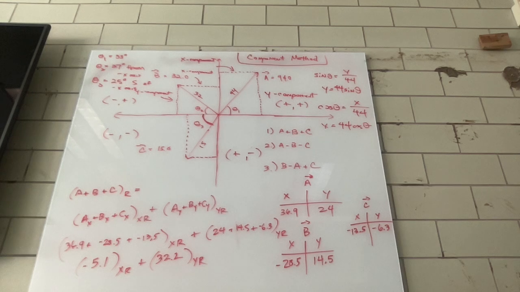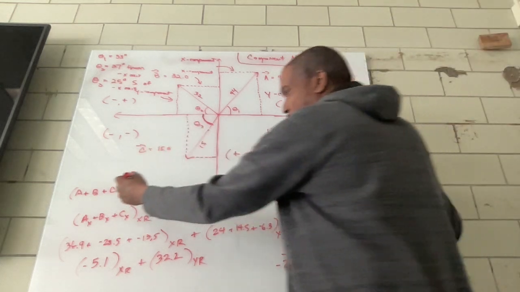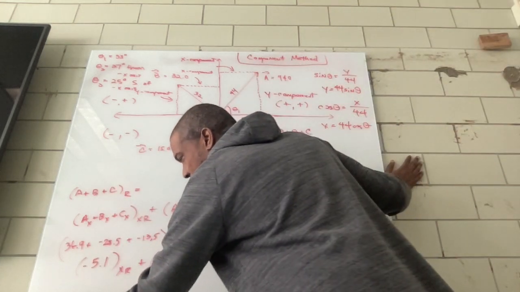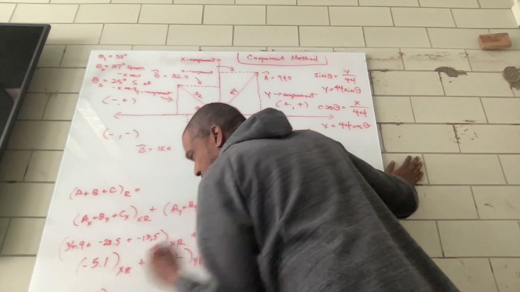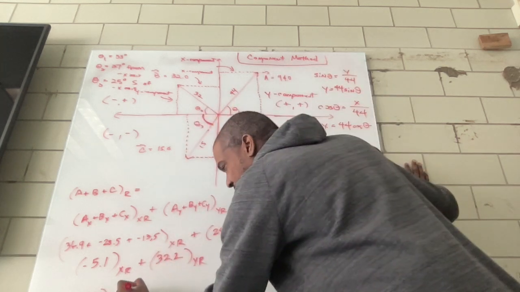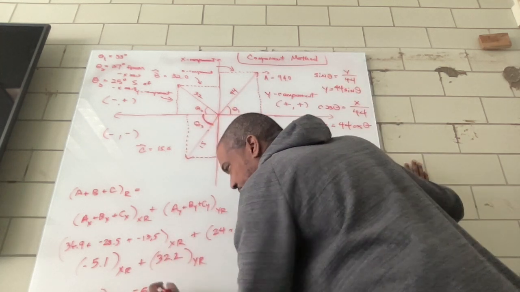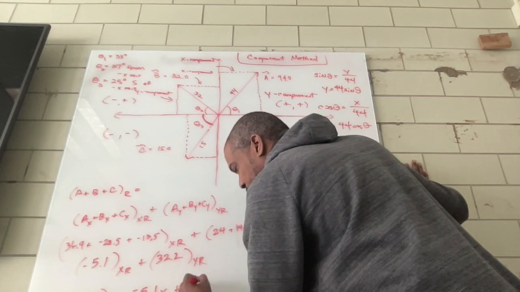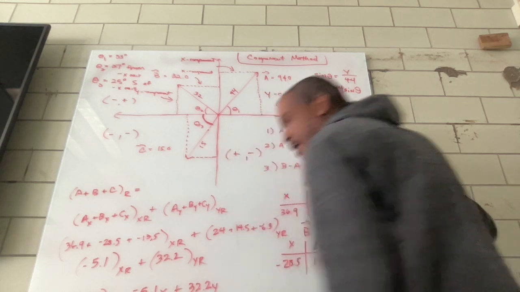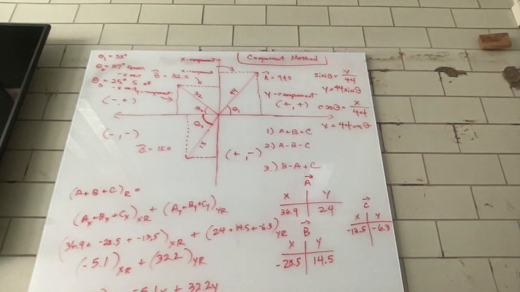So every vector has an X and a Y component. So this resultant vector, A plus B plus C, is equal to negative 5.1 X plus 32.2 Y. That's the answer.